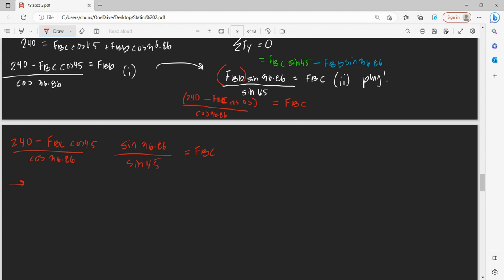Then that will give us sine divided by sine 45.